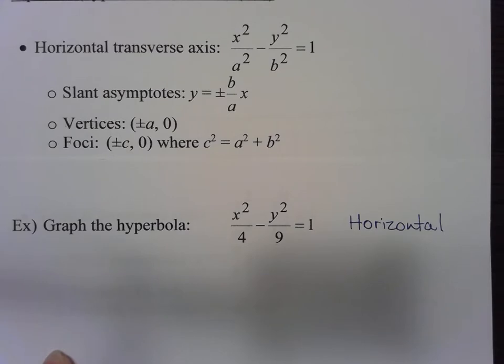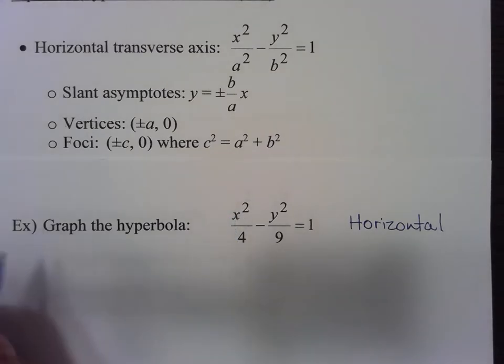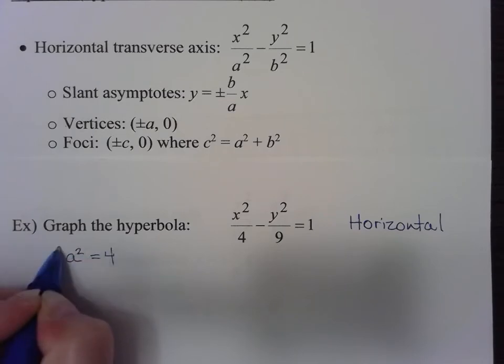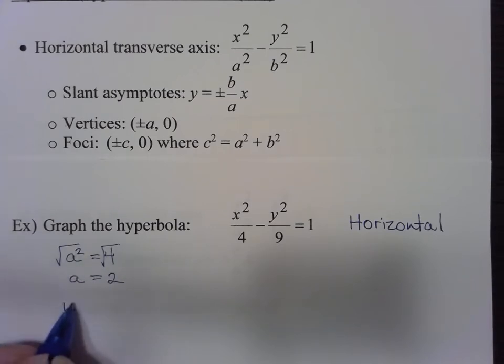Okay, so notice that the a is always going to be under what is first. So a squared is 4, which means that a must be 2. B squared is 9, which means that b must be 3.